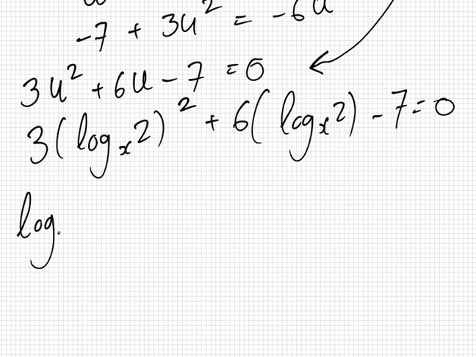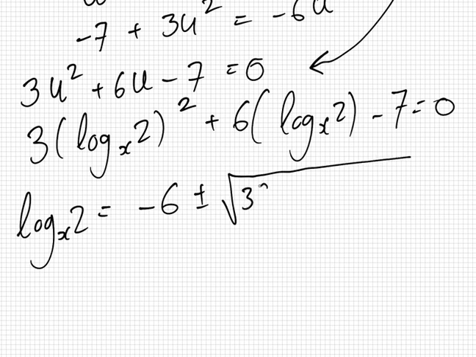Log x2 equals minus b plus or minus square root b squared minus 4ac. So that would be 4 times 7 times 3, 84, all over 2a, which is 6. Okay.